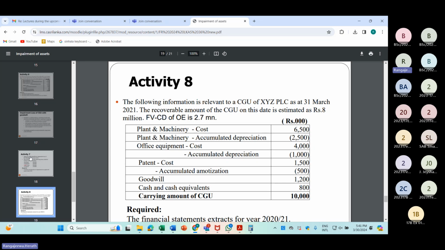And with some assets, we have a separate recoverable amount within the cash generating unit. If the fair value less cost of disposal of an asset is available, the maximum impairment loss should be limited to that fair value, up to that fair value.